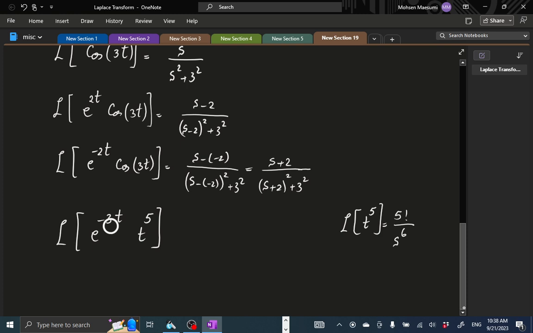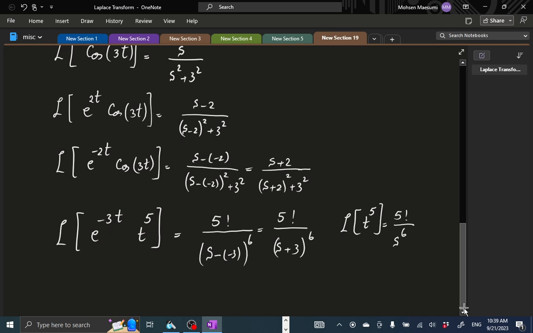So what do I have to do? Instead of s, so I copy everything that I had. Instead of s, I'll have s minus multiple of t here. So that one has to be raised to power of 6. And of course, we clean it up and write it as s plus 3 to power of 6.